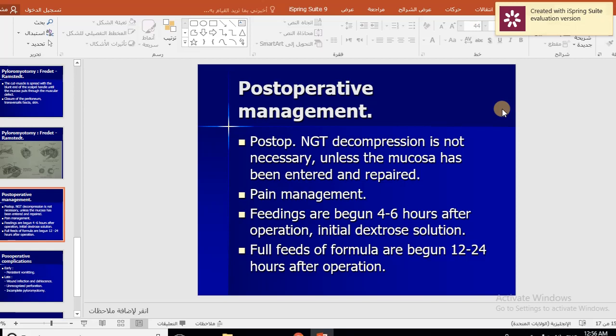Pain management after operation is with paracetamol. Feeding is begun 4 to 6 hours after operation. Initial dextrose saline must be given. Full feeds of formula or milk are begun 12 to 24 hours after operation.